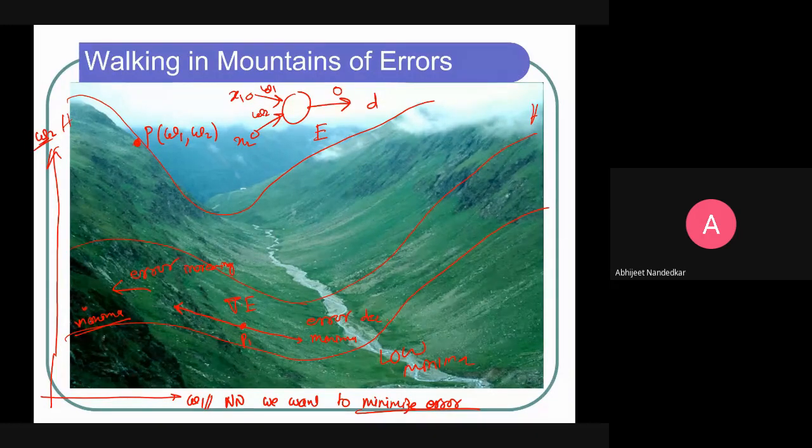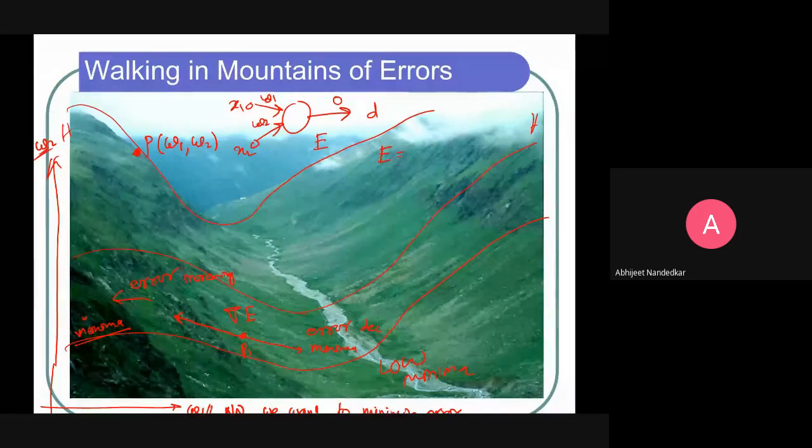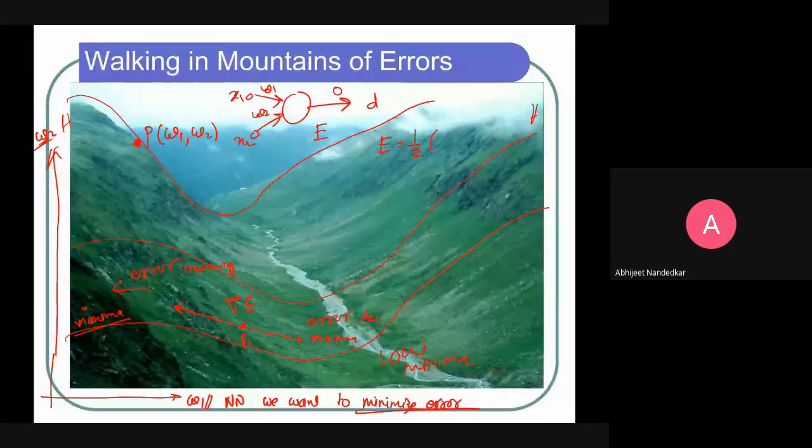The error here is the difference between the desired response and the actual value. Actually, the error is defined as E = half (t minus o) squared. So this is a squared error.